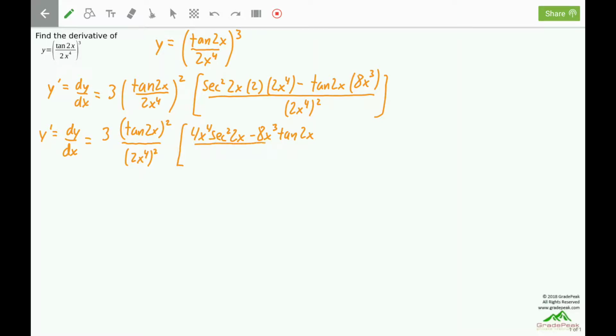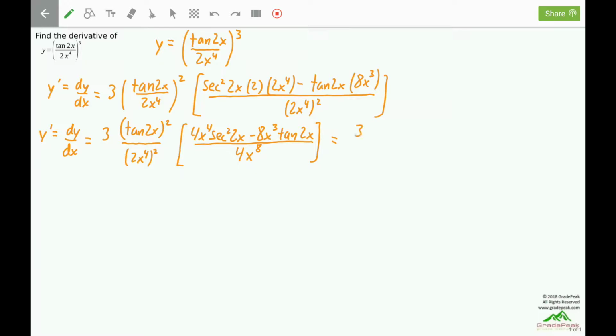All of that is divided by 2x to the fourth and then quantity squared. Well, you can square each of those. 2 squared is a 4, and x to the fourth squared, you multiply the exponents. 4 times a 2 is an 8, so it's actually x to the 8. Now we have the numerators all multiplying each other.